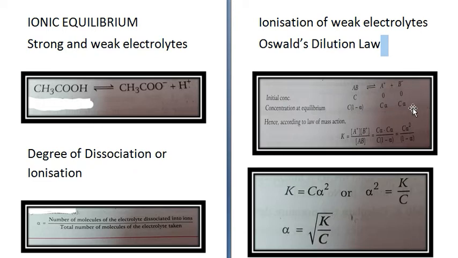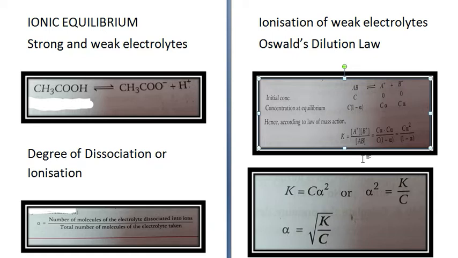Hence, according to the law of mass action, K is equal to the concentration of A plus into the concentration of B minus divided by the concentration of AB.